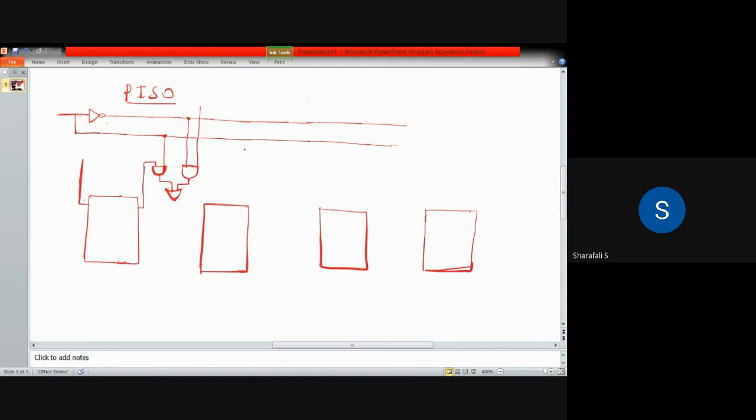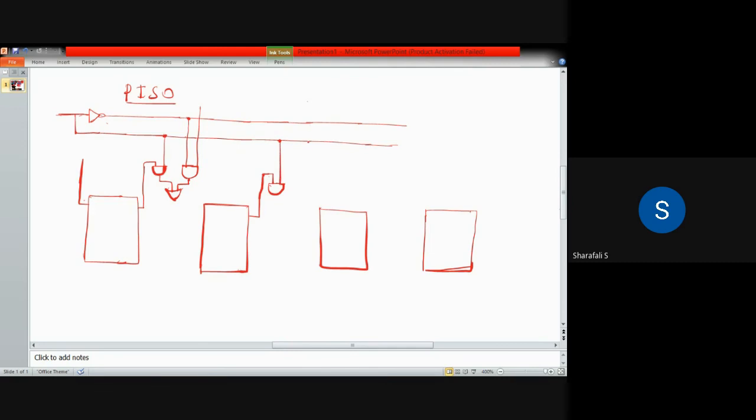Okay, so that's the first one. And for the second one, you take the output from here. Same thing, repeating: an AND gate here, and the second leg of this AND gate is coming from here.